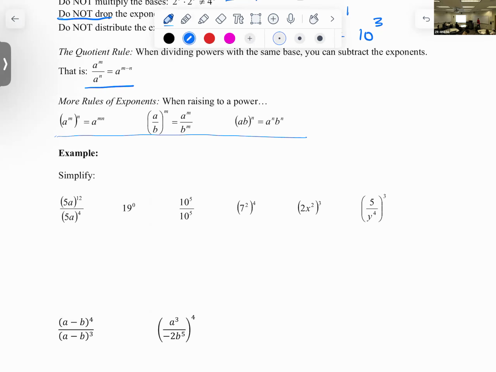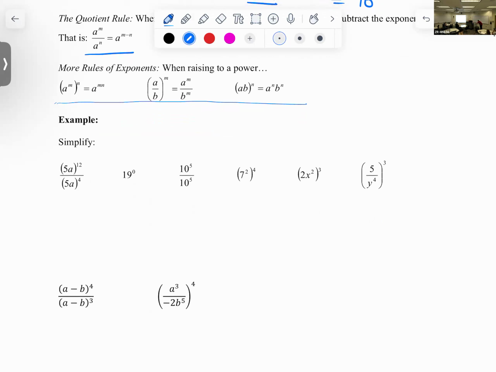If things are being multiplied, the exponent can go into each piece, multiplied, not added. An exponent to an exponent, power to a power, ends up multiplying. And the same thing with multiplying and dividing: the exponent can go into both the numerator and the denominator. So these rules of exponents, we have to track piece by piece.